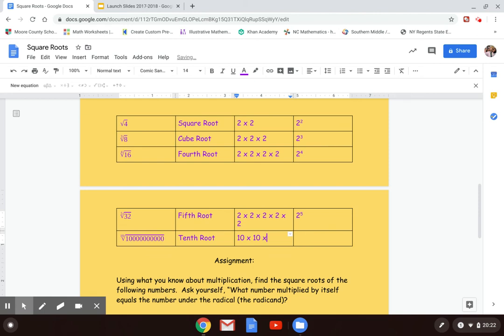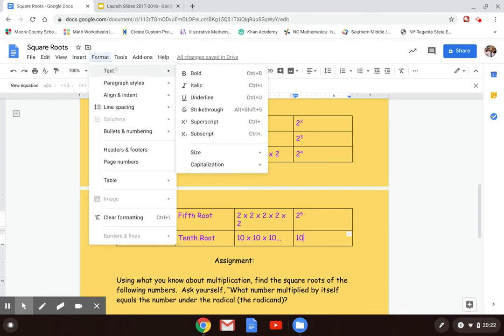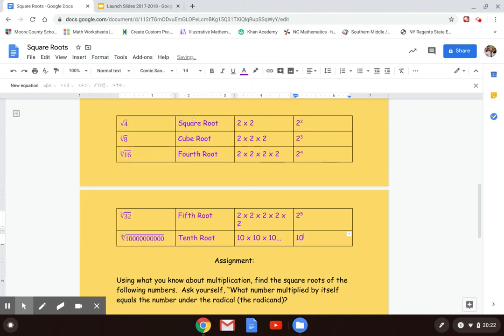So I'd have 10 times 10, and no, we're not going to type 10 tens. We'll just put a little ellipsis there, and I'll know what that means, that I'm going out 10 times. And then, of course, the exponent form of that number is going to be 10 to the 10th power. Okay?